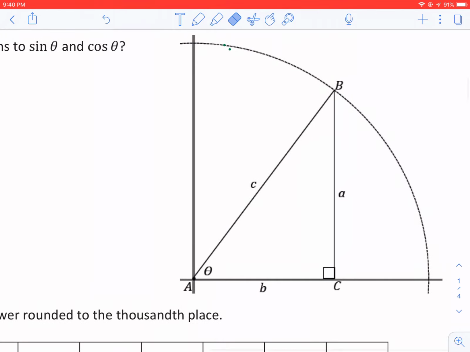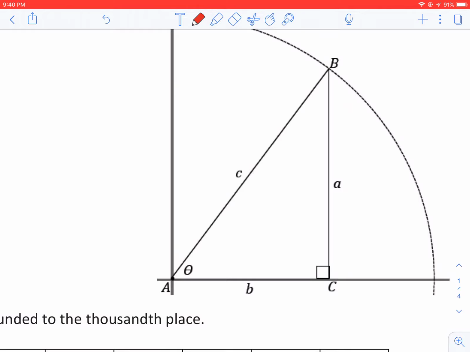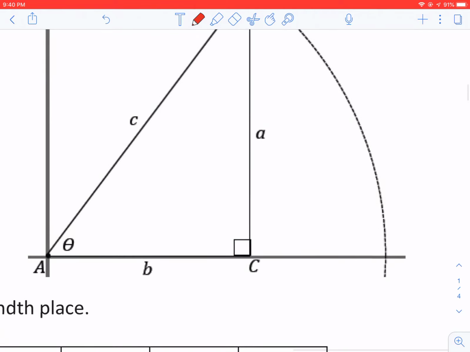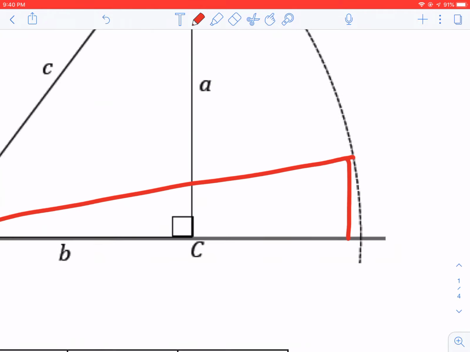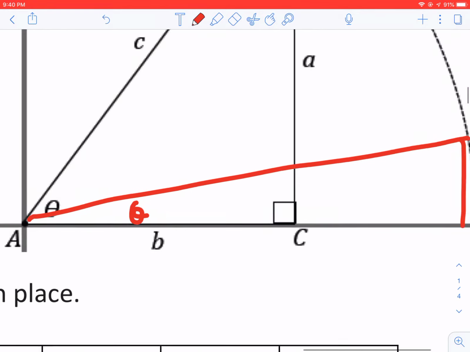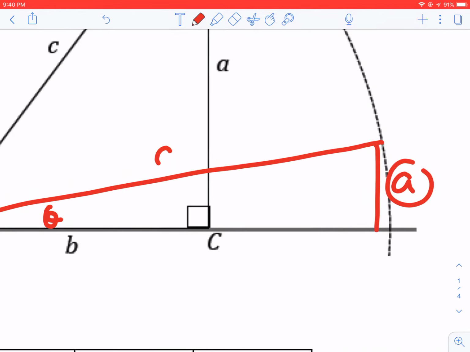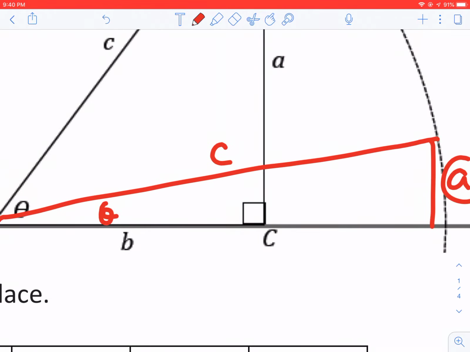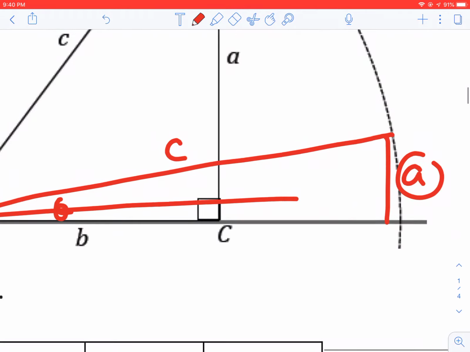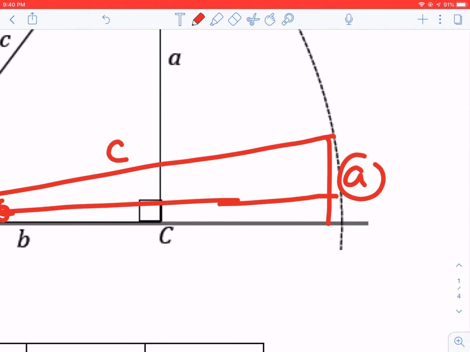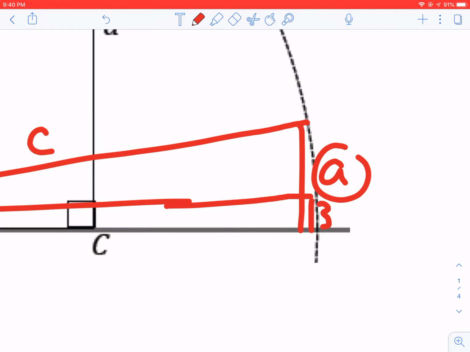Well, sine theta is opposite over hypotenuse. So when our theta value is very small, this A value is going to be very small, and we're still going to be dividing by C. But the closer and closer we get to 0 degrees, you guys agree that the smaller and smaller this value of A is.